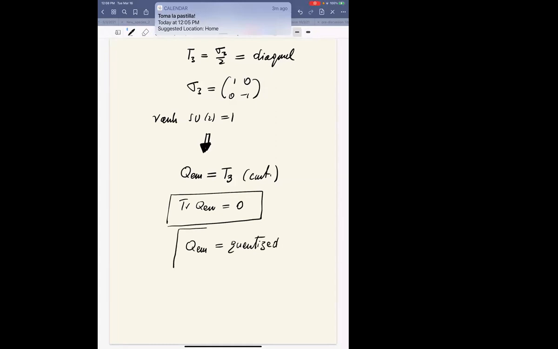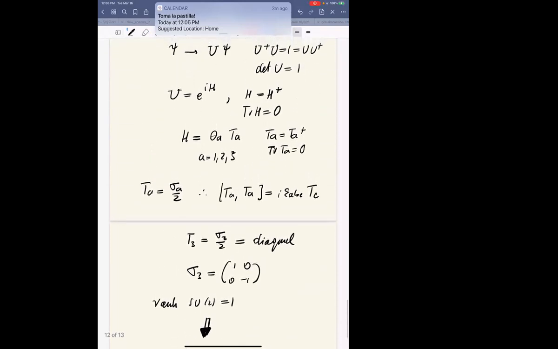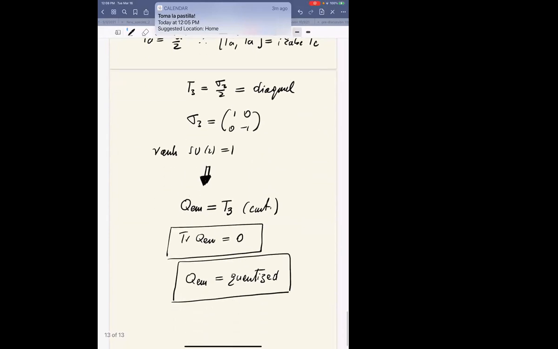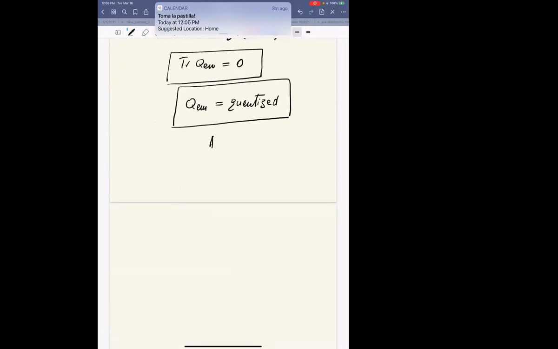The non-abelian groups have a beautiful property that is seen in SU2 first, that the charge in question, if it's spin, is quantized. Or if you wish, this implies that electromagnetic charge is an integer times the minimal charge.